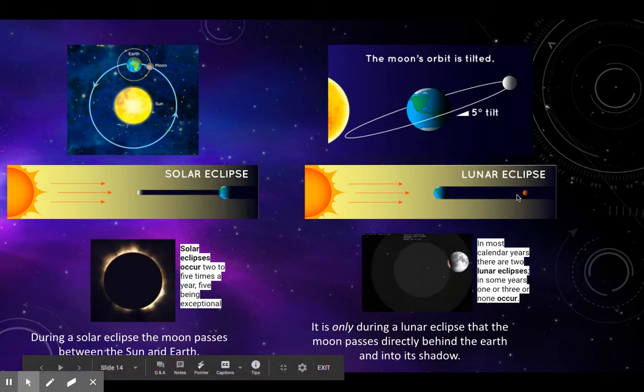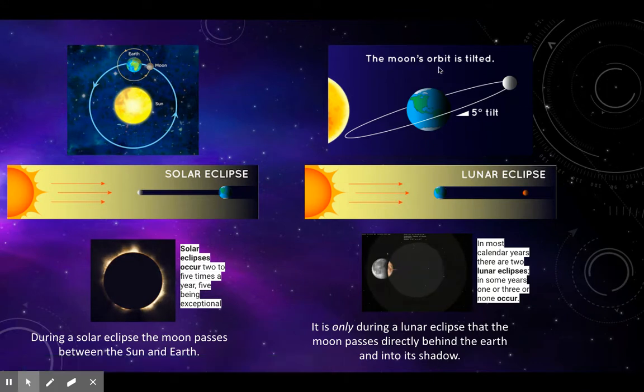Oh, and we have a lunar eclipse. The Earth's orbit is tilted, 5 degrees tilt. So a lunar eclipse. In most calendar years, there are 2 lunar eclipses. In some years, 1 or 3 or none occur.